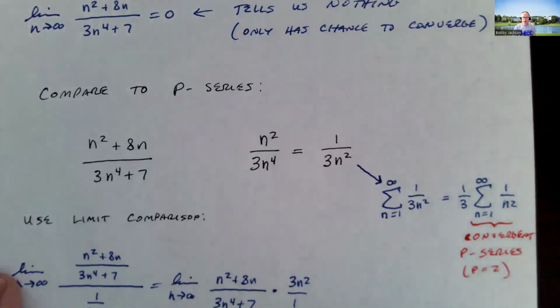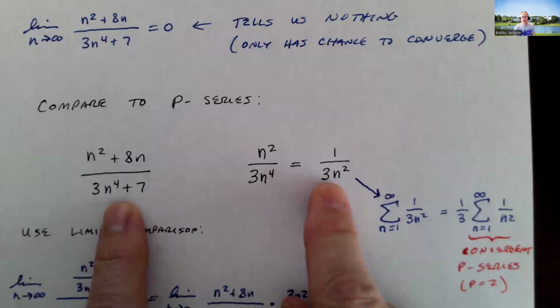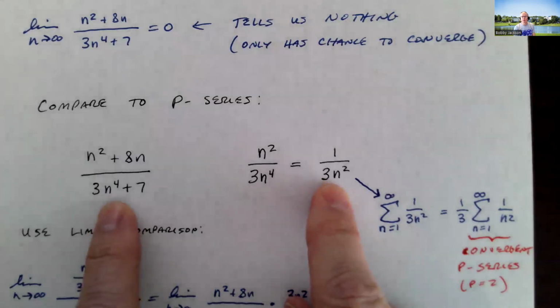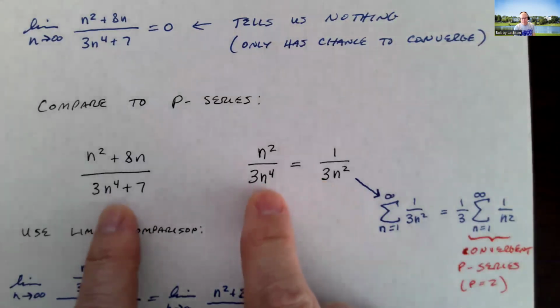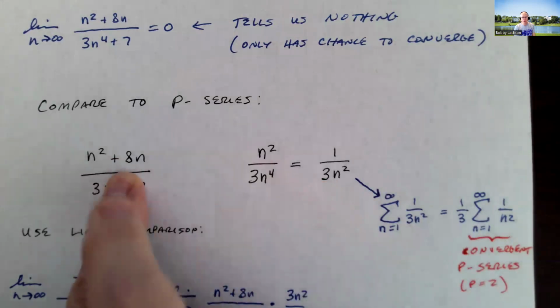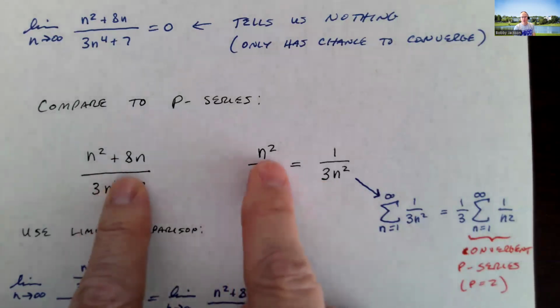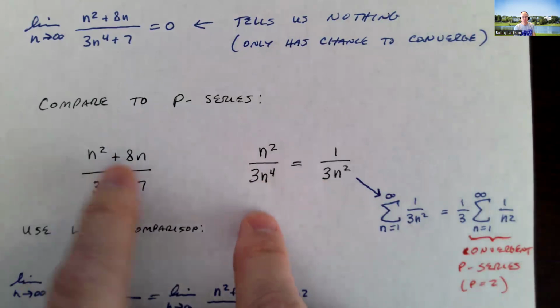So what I'm going to use is limit comparison because trying to get direct comparison here is a little tricky. The numerator on the left is a little bit bigger because it's plus 8n compared to just n squared, which makes the one on the left a little bigger in general.